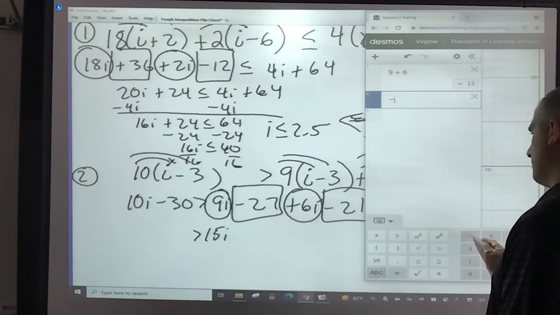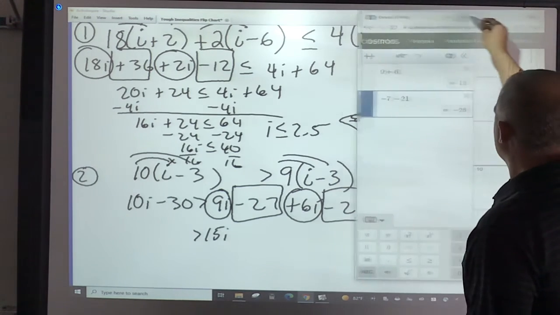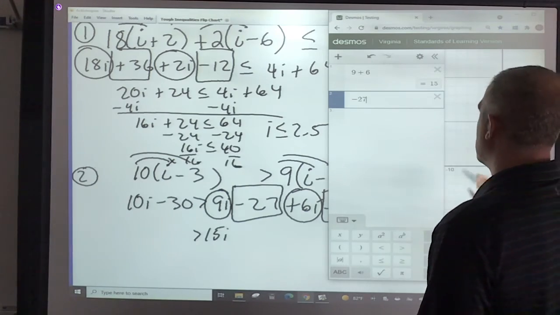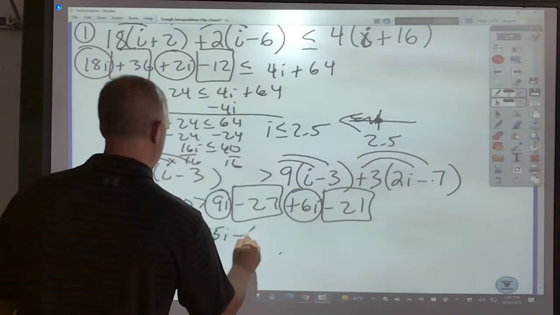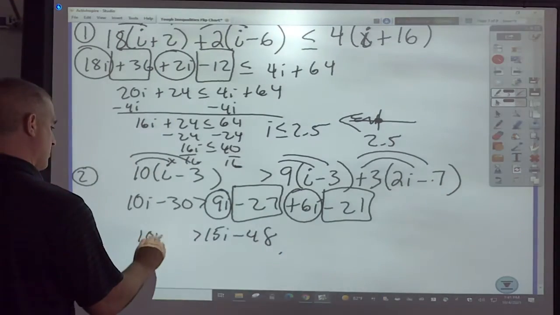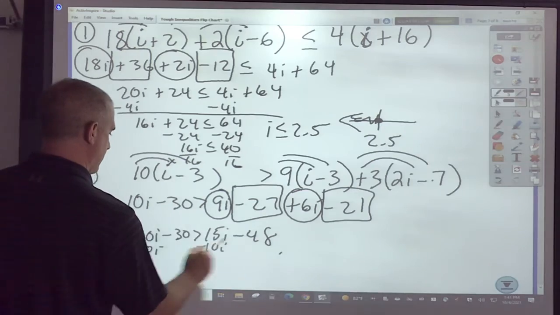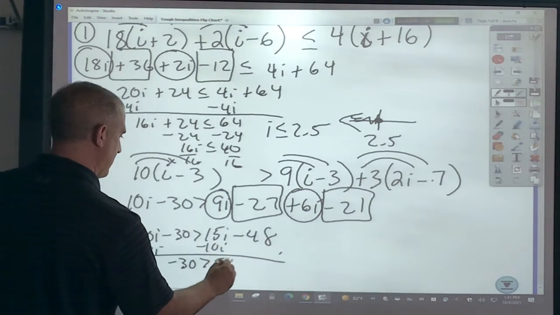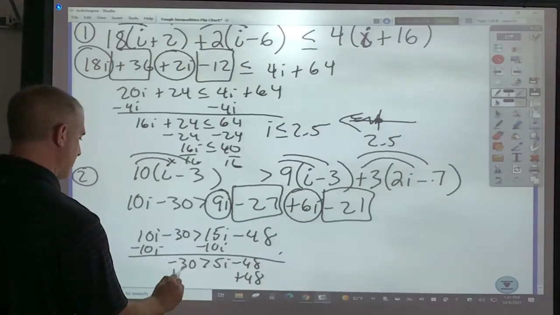Negative 27 minus 21, which is negative 48. Okay, move this minus 10i. Okay, be careful because that's going to be now a negative 30. 5i minus 48. I want to add 48.